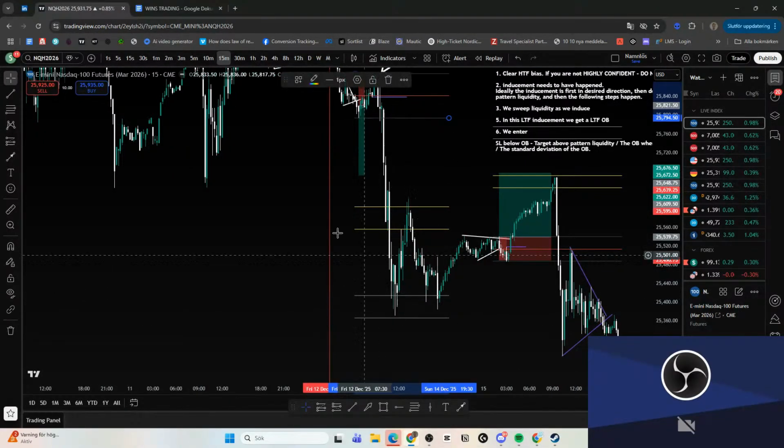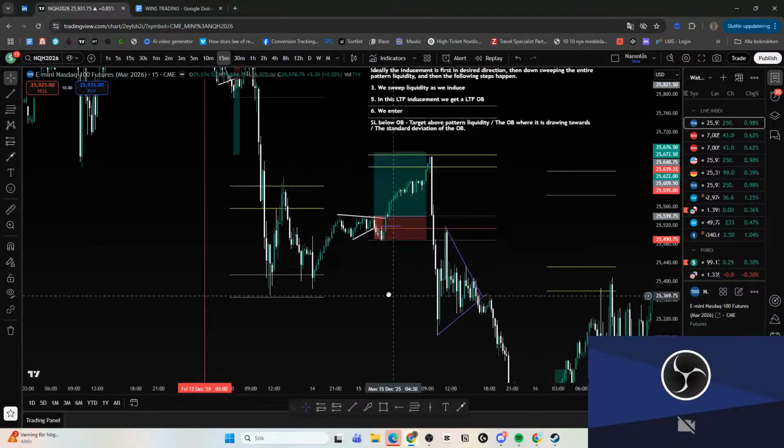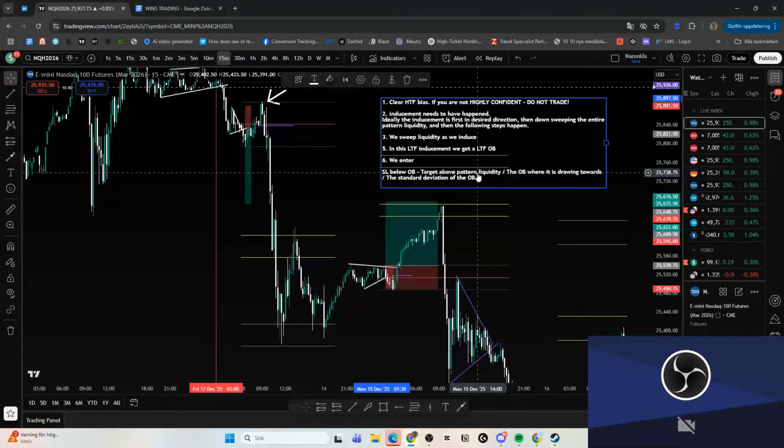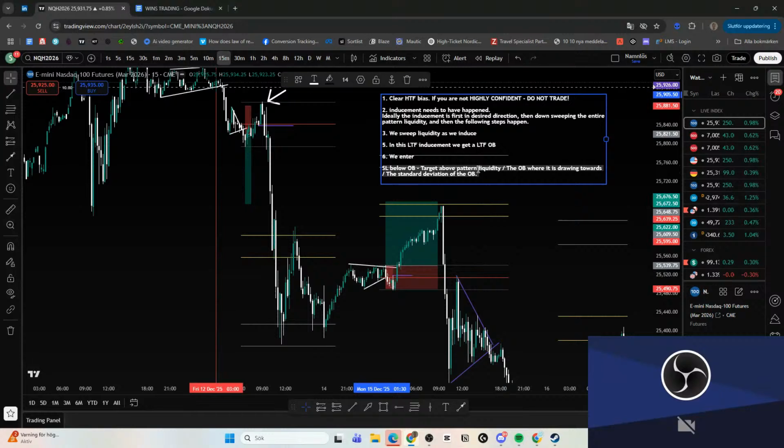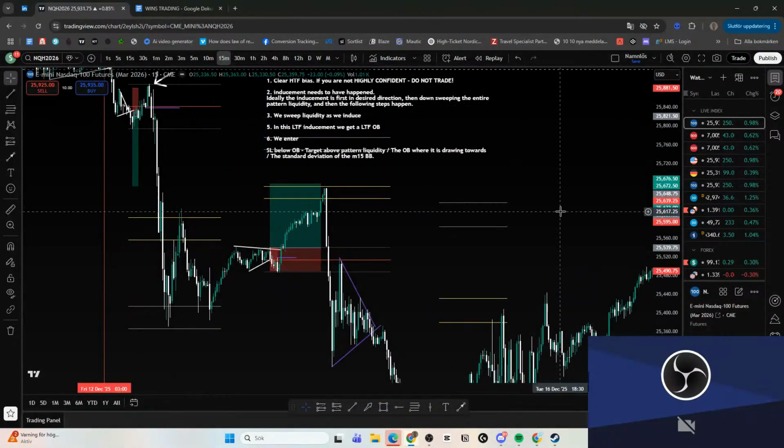There was 4.5 even. A big one. Yeah, I guess we enter the standard deviation of the M15 bank block. That's our target, or whatever time frame it is.